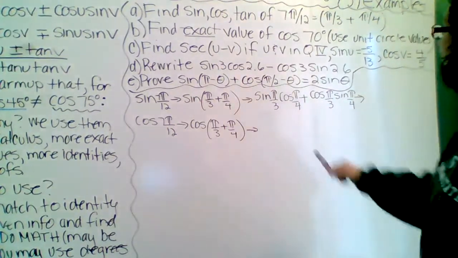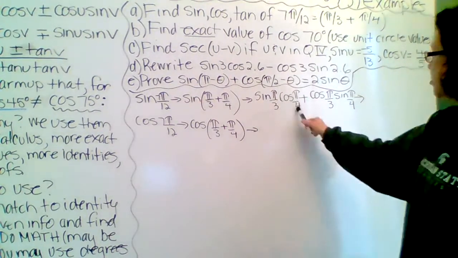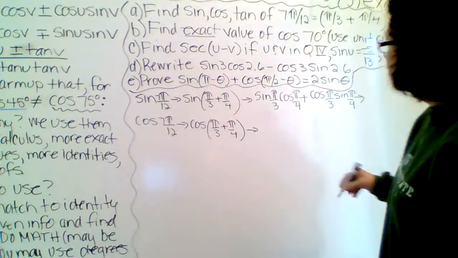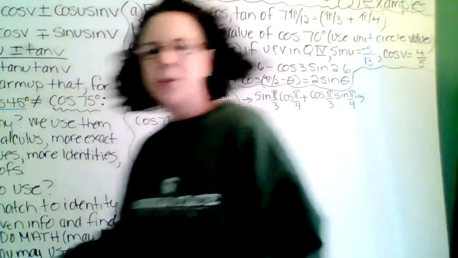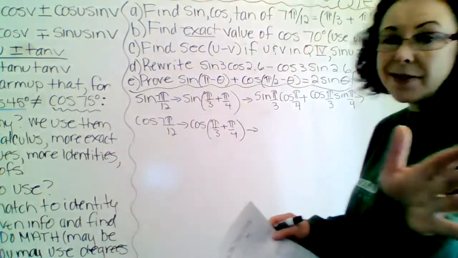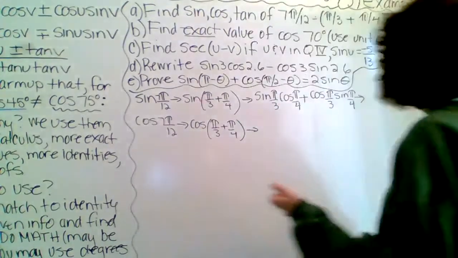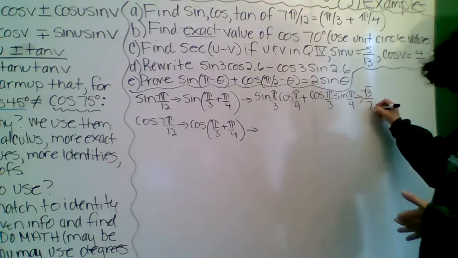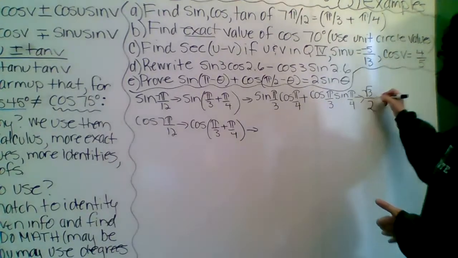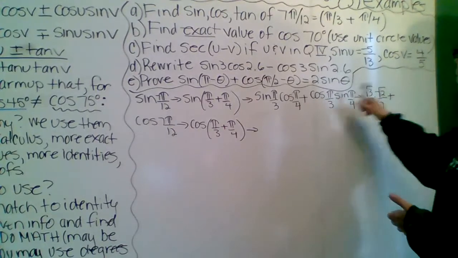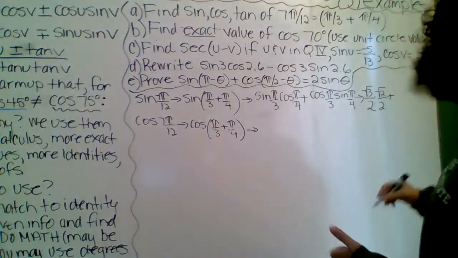Okay, and I know all of these values, 1, 2, 3, 4. I know what these are. Sine of pi over 3 is, and I have my unit circle just because there's so many details, I didn't want to mess it up, but I also have my left hand, right? Sine of pi over 3 is the square root of 3 over 2, right? Times the square root of 2 over 2, plus cosine of pi over 3 is 1/2.